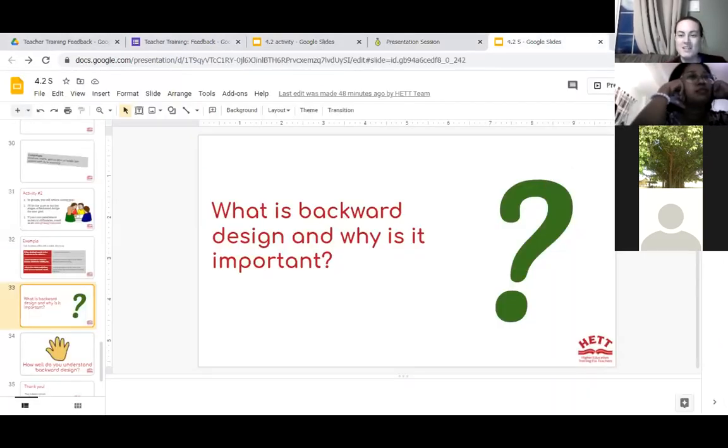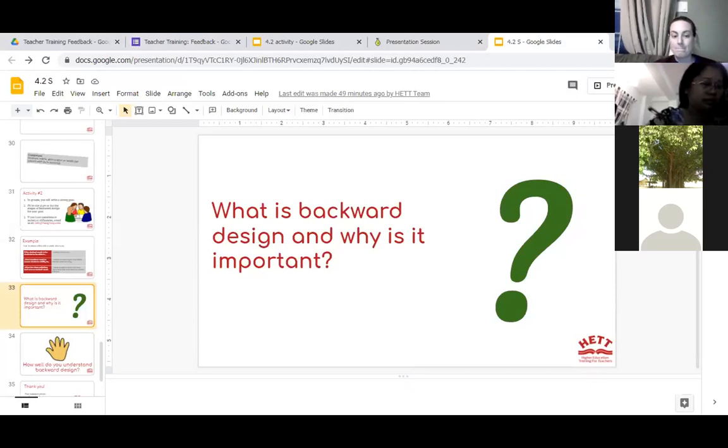So review question for anyone that wants to answer. You can either tell me or type in the chat box. What is backward design and why is it important? Focus on students' goals. Backward design, focus on student goals.